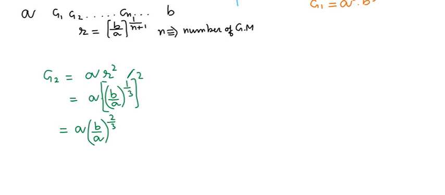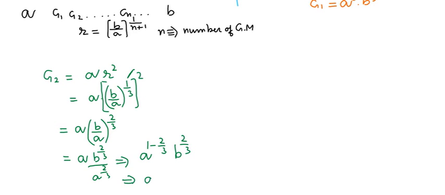So you will have a, b raised to the power 2 by 3 upon a raised to the power 2 by 3. See the calculation here: a raised to 1 minus 2 by 3 into b raised to 2 by 3. It means a raised to the power 1 by 3 into b raised to the power 2 by 3. This is the value of G2.